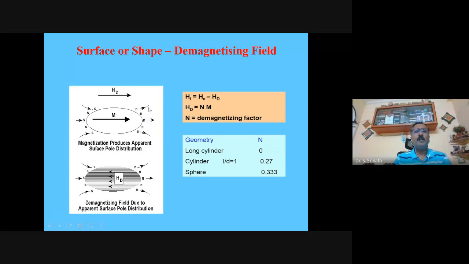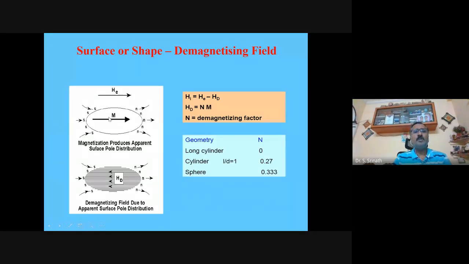You see that these field lines will come and close like this. Inside the specimen, the field lines will be opposite to the externally applied magnetic field, which determines the magnetization throughout the sample.